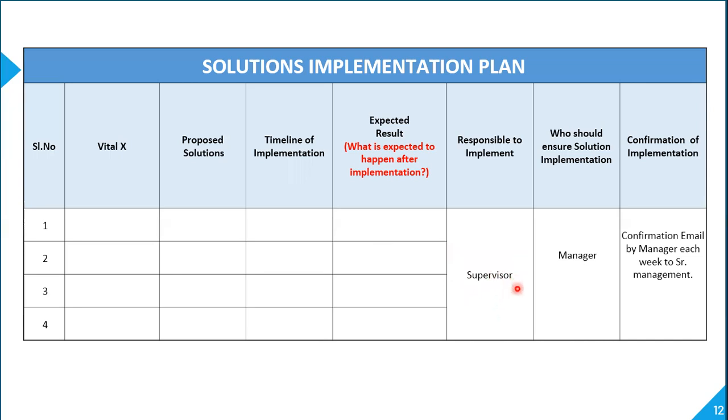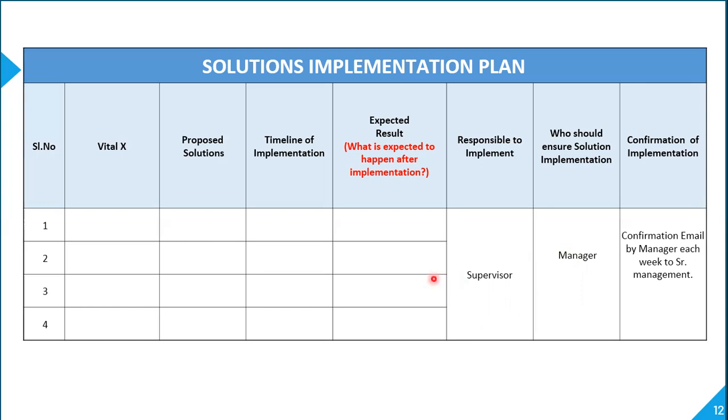Ideally, for each shift, it will be the supervisor who is responsible to implement a solution. The next column is who will ensure that the supervisor deploys this particular solution. So that accountable person will come over here. The supervisor is the responsible person, and this is the accountable person who will ensure that the supervisor ensures solution implementation.